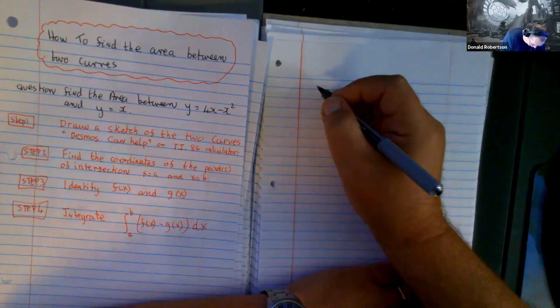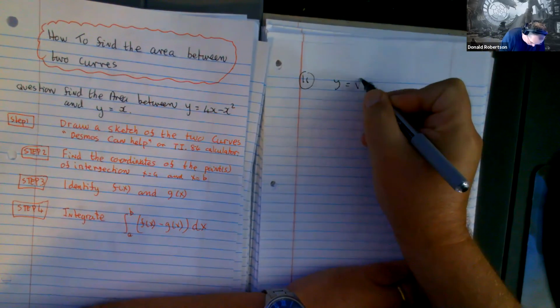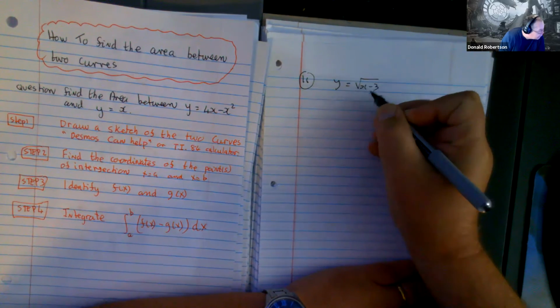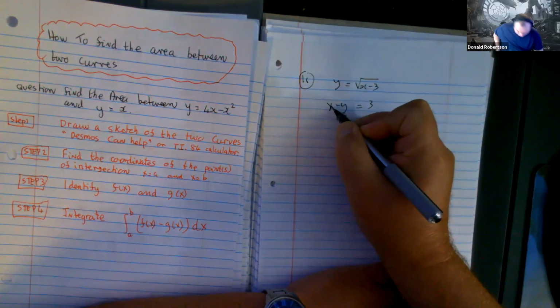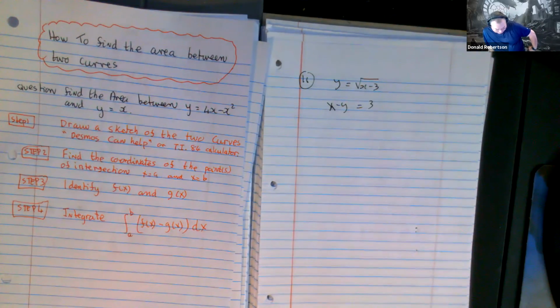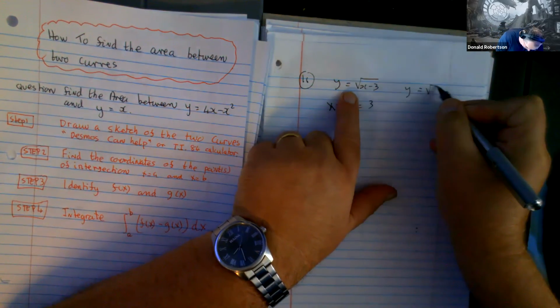Here's an example of question 16. The information is not given in a form that's going to make it usable. If you want to do this, don't you need to have functions of x?